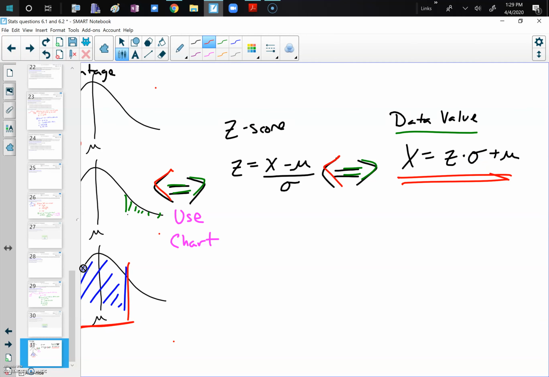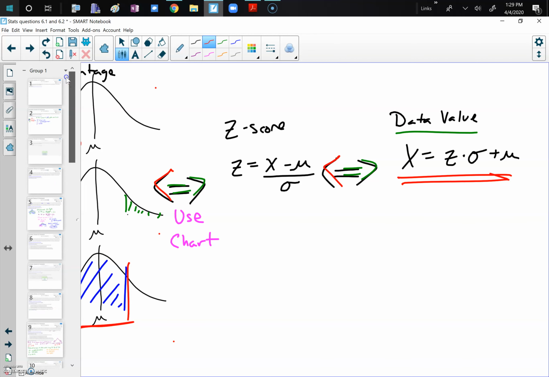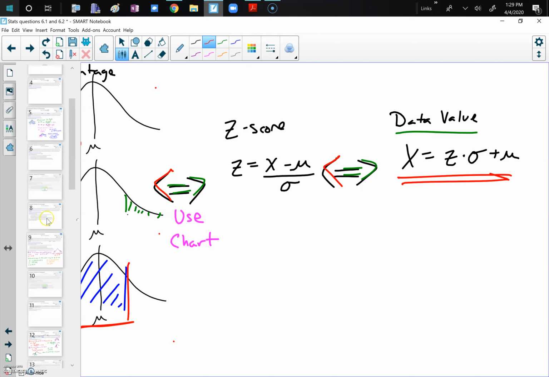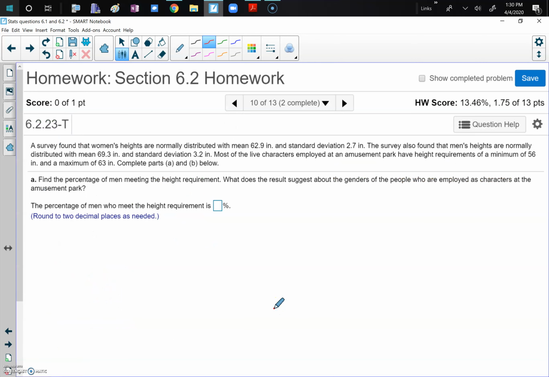Okay, let's look at another homework problem. Okay, this is problem 10 from homework 6.2. So here they give us the mean and standard deviation for men and women, and they want us to find the percentage that meet a particular height requirement.